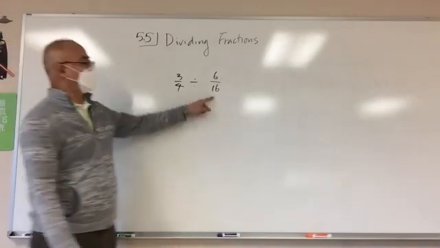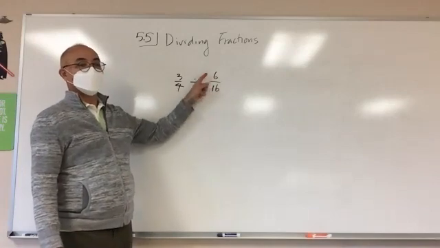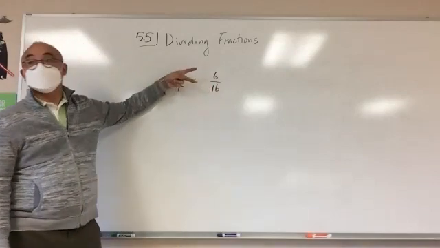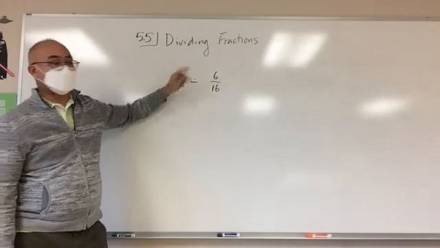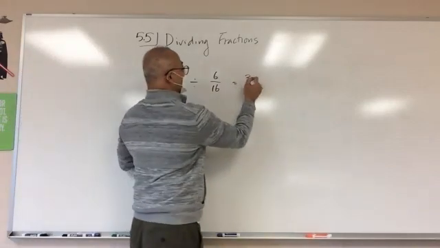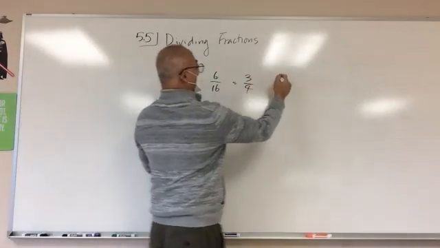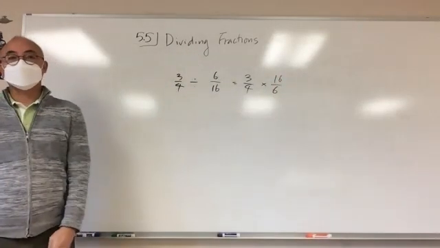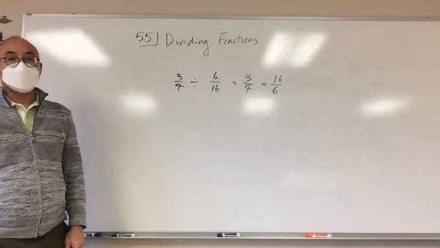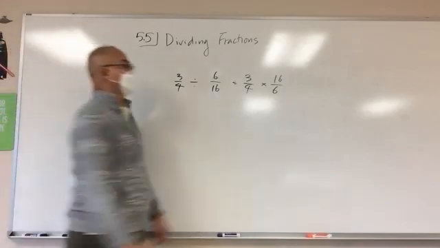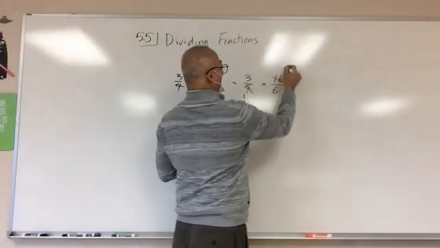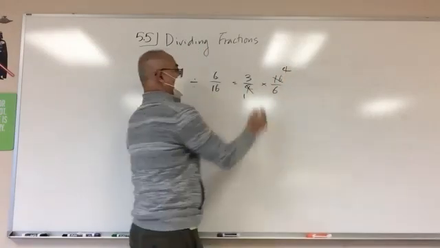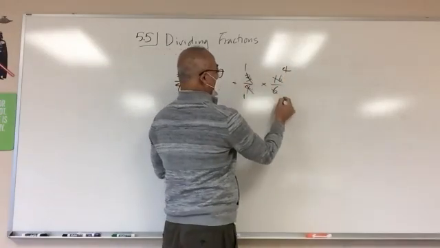So I take this guy, and I just flip it over, and I multiply, right? So it's the same as 3/4, and I'm going to flip this guy over, 16/6, and multiply. And that's exactly the same thing that I just did. Okay, so I'm going to go ahead and go 4, 4, 3, right?